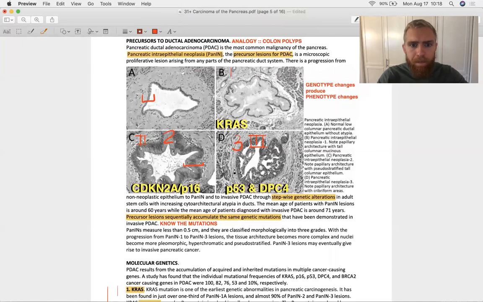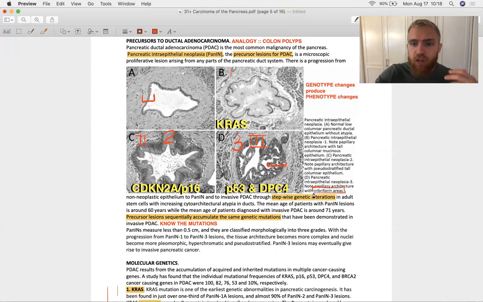And then Panin 3 starts to get really messed up, and you start to see this gland-on-gland architecture. It's like your duct has ducts, is what I'm trying to say. You see microlumens adjacent to the big lumen. They're like cystic spaces, and that's called cribriform architecture.